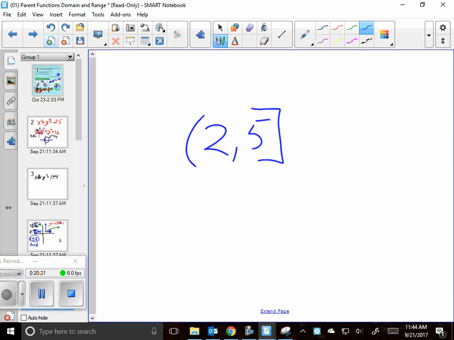So it's bigger than 2 and up to 5, and it can be 5, but it can't actually be 2. So if I was going to put this on a number line, I'd go like this. Here's 2, here's 5. It can't be 2, but it can be 5. It would be kind of like the numbers in between 2 and 5, but it can be 5, but it can't be 2. Does that make sense to you? That's the brackets versus parentheses thing.